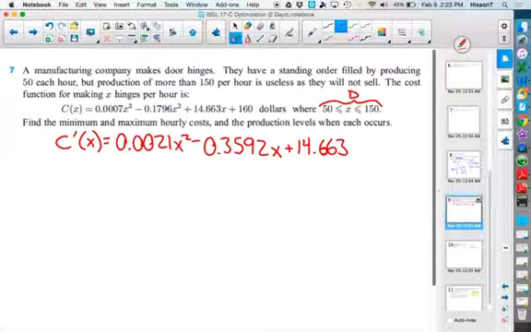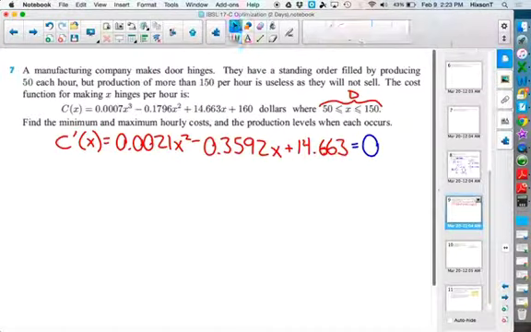So how do we figure out when this equals 0? Quadratic formula. Yeah, we'd have to use the quadratic formula, or if this is a calculator part, which it probably would be with those kinds of decimals, we could use the calculator.